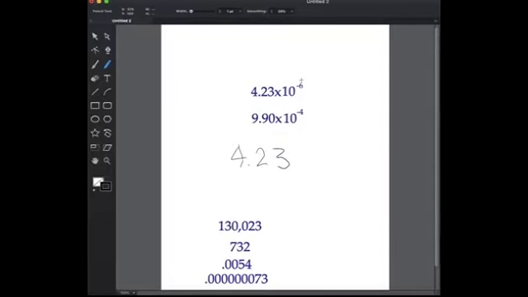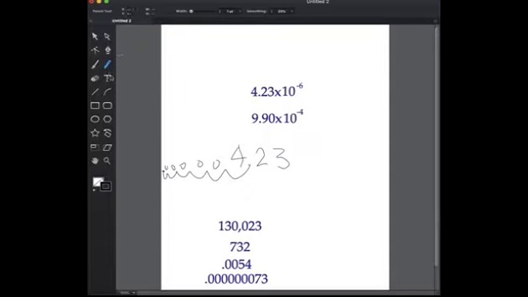We are going to go towards the left. 6 times. 1, 2, 3, 4, 5, and 6. Squeeze that in there. Boom. Placeholders, we add the zeros. 1, 2, 3, 4, 5. And our decimal is here.